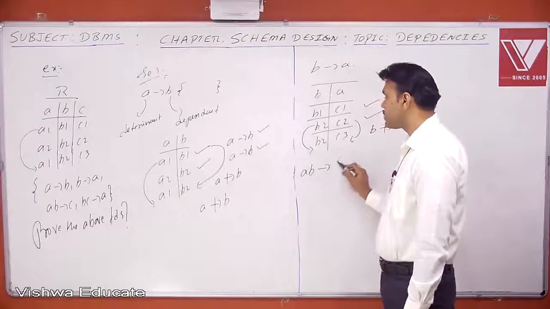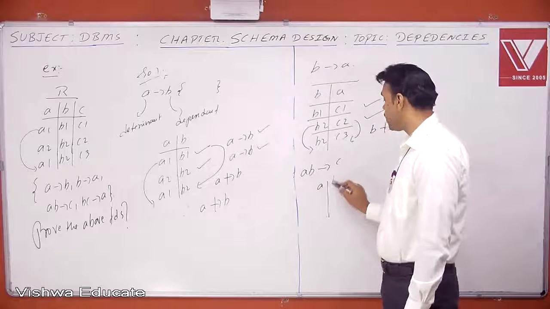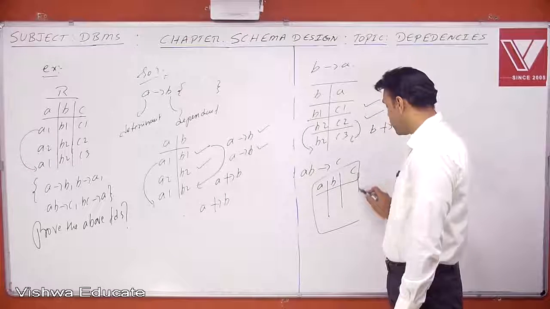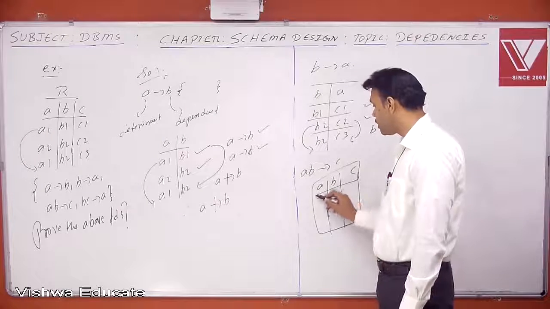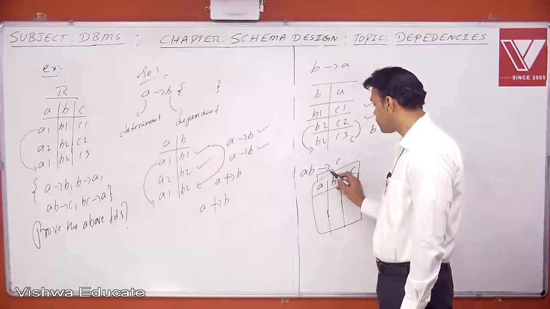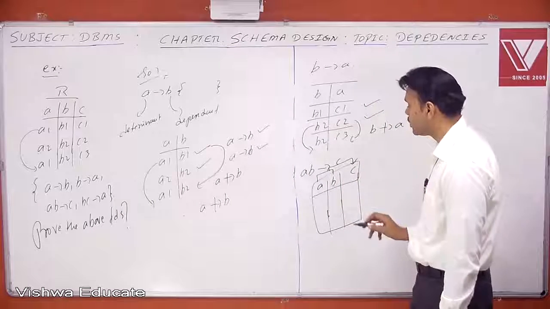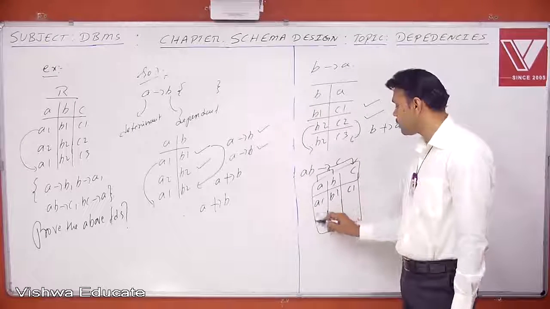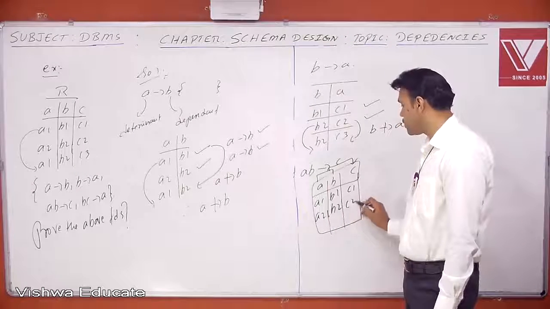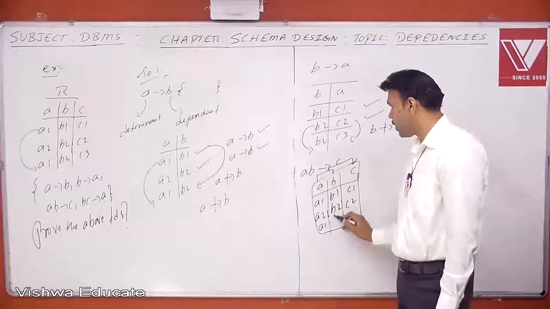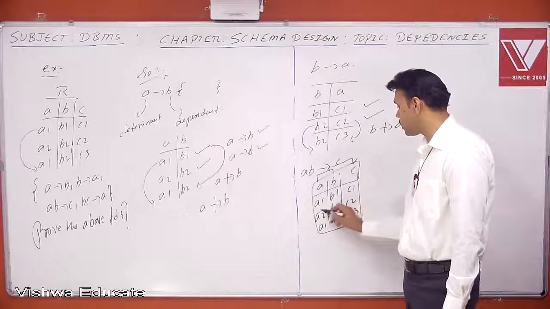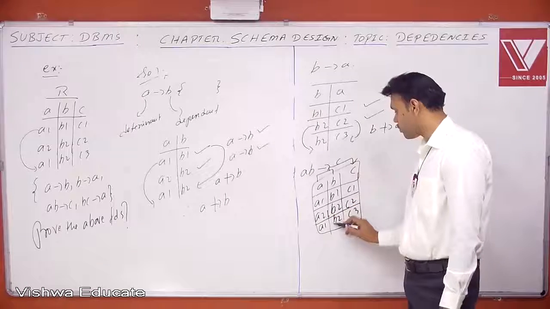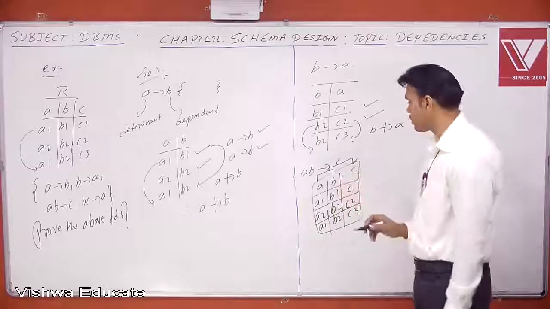AB tends to C. So this time you take AB, and C is the dependent for us, which depends on AB together. So what is the AB data? A1, B1, C1, A2, B2, C2 and A1, B2, C3. Now you can guess.